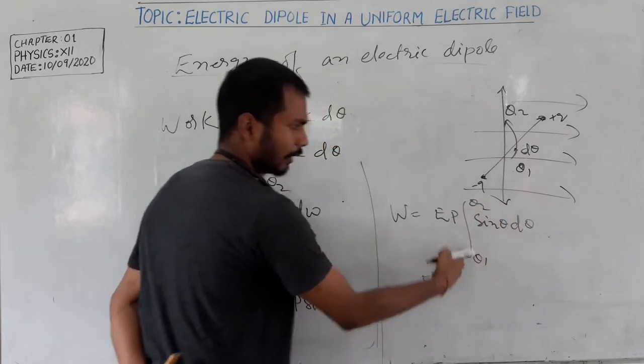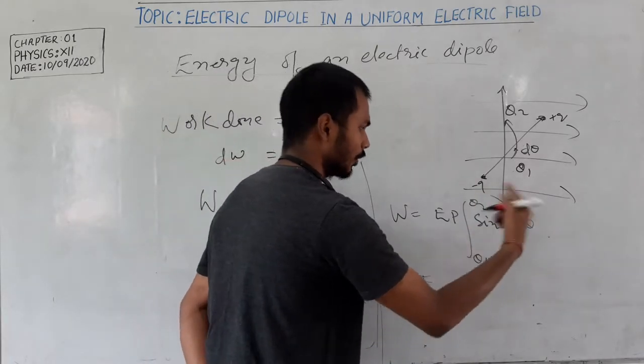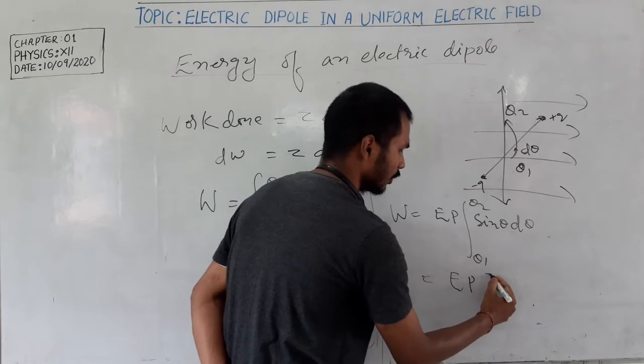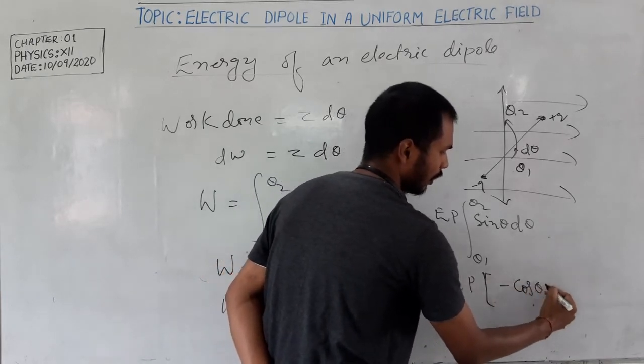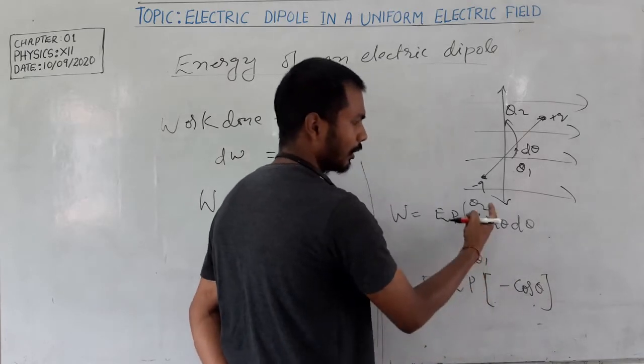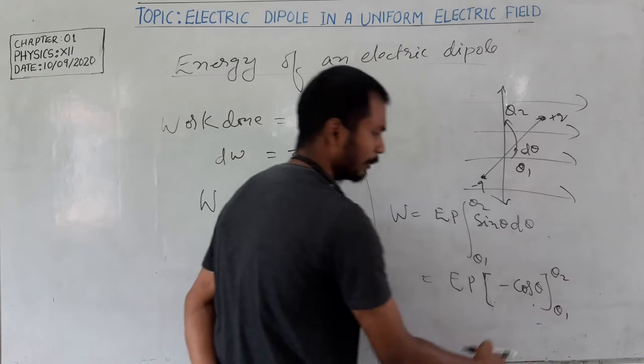Got it? Now what is the integration of sin theta? Sin theta integrates to minus cos theta. So we can write EP in brackets minus cos theta, upper limit minus lower limit. The upper limit is theta 2 and the lower limit is theta 1.